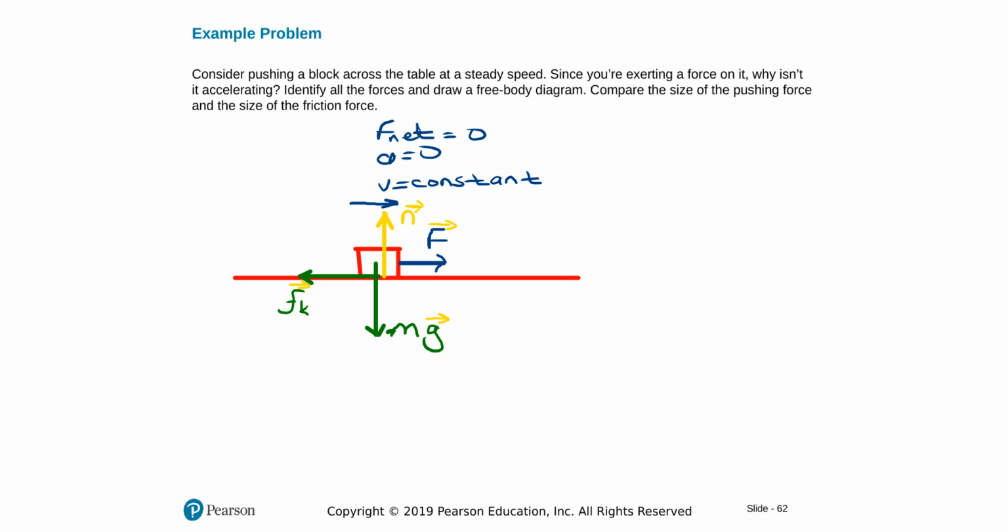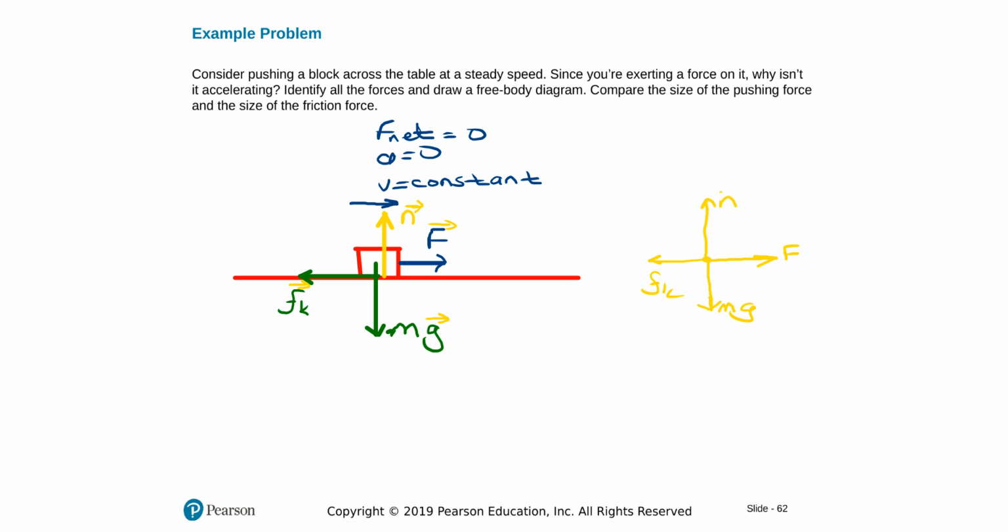But we can also draw this free body diagram separately. We have mg down. We have friction left, which is kinetic friction. We apply a force in the right direction. We call that F, and there is the normal force.